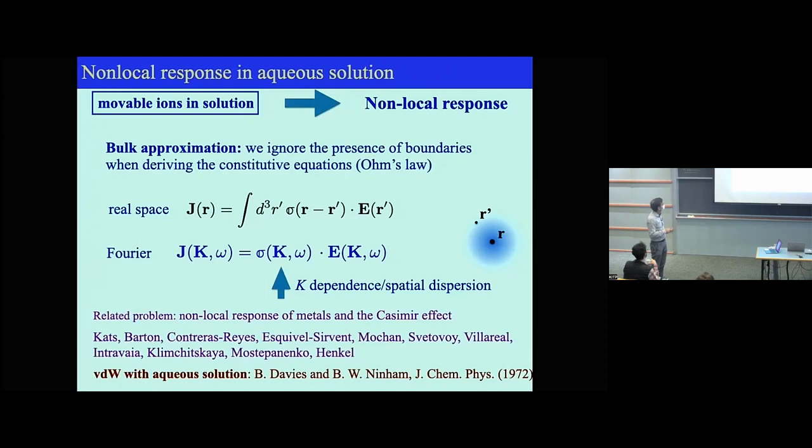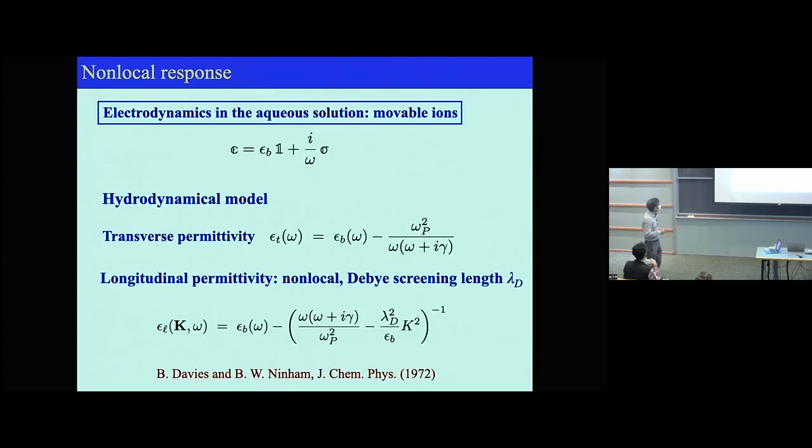So to be a bit more specific, here I'm following the formulation by Davies and Ninham. This K-dependent conductivity, this spatially dispersive conductivity, leads to a K-dependent dielectric tensor, but the transverse component of the tensor is local, right?